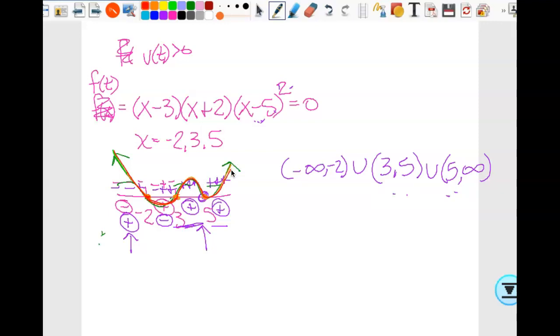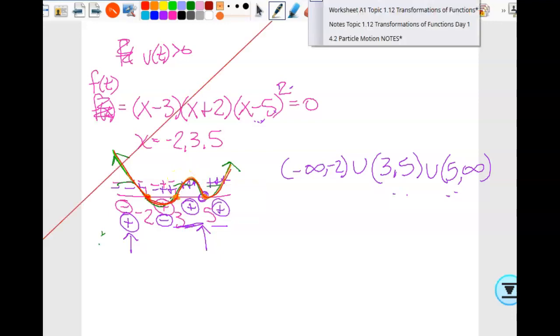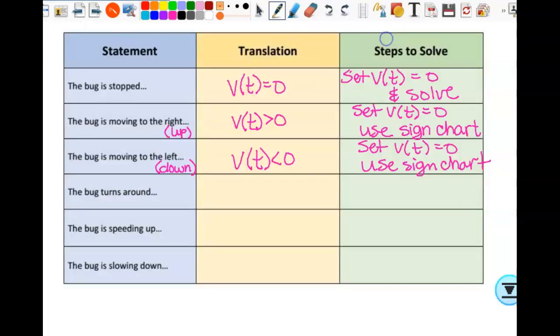The way you change direction is when we change from positive to negative or negative to positive, okay? So if you know that the particle turned around, whoever it is, whatever it is, it's just a thing. We could name him if you want. But it's when v of t changes sign.